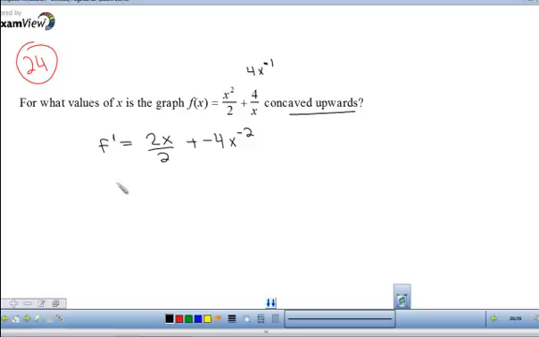Okay. So the second derivative would be 1 plus 8x to the negative 3. Okay. So we have 1 plus 8 over x to the third. Set that equal to 0. So at x equals 0, the second derivative doesn't exist, so that's a possible point of inflection.